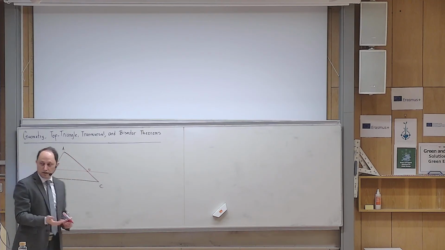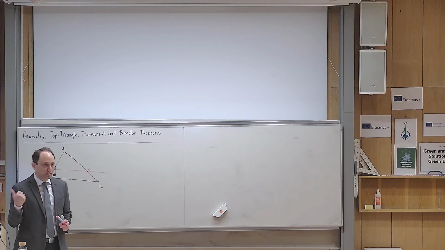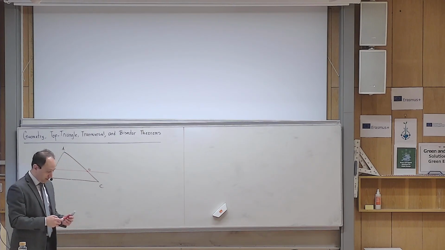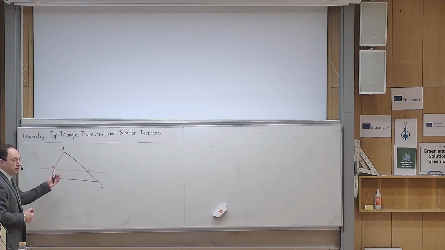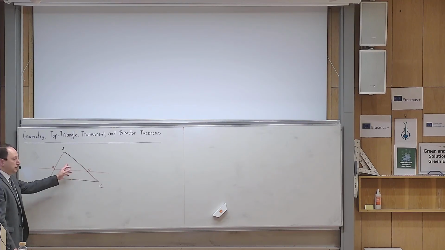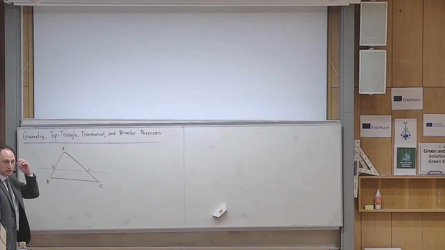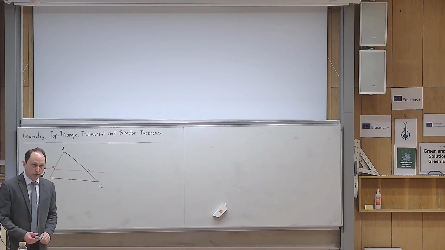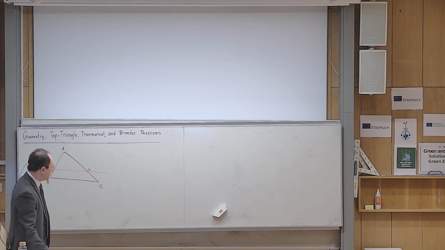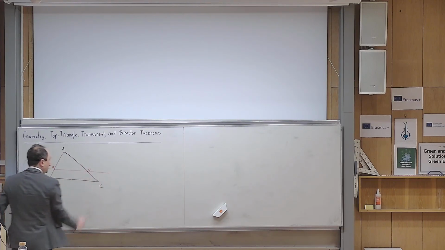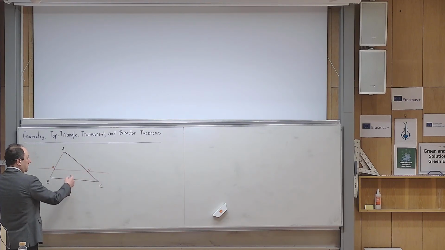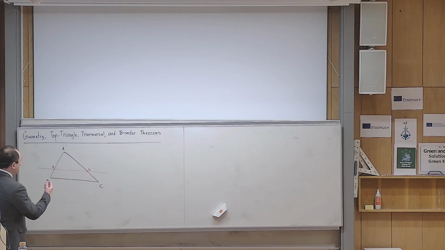Commonly it's called top triangle theorem, probably in Swedish books, but it's a little bit of a misnomer. Okay, so what is the content of the theorem? It tells you that if you do that, you construct a triangle which is similar to the original triangle. That's it. If I draw a line parallel to any side, I make a new smaller triangle. Maybe smaller is a better name than top.